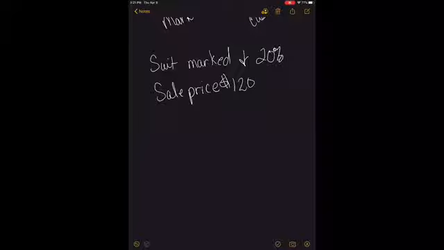Okay, so what they're trying to figure out is what is the original price of the suit. Well, let's take a look at it. So 20% represents the discount.